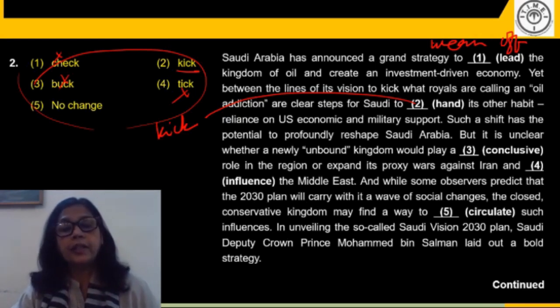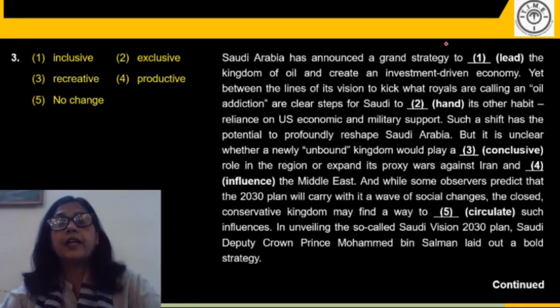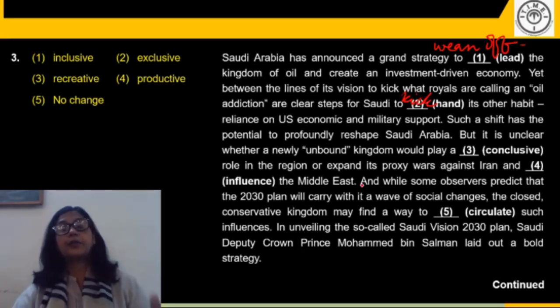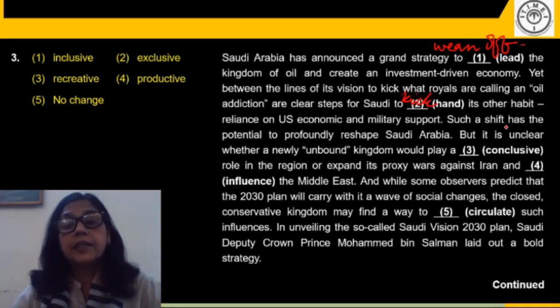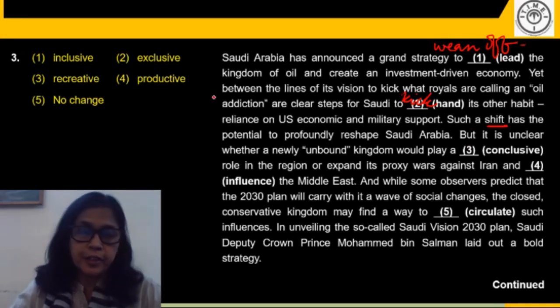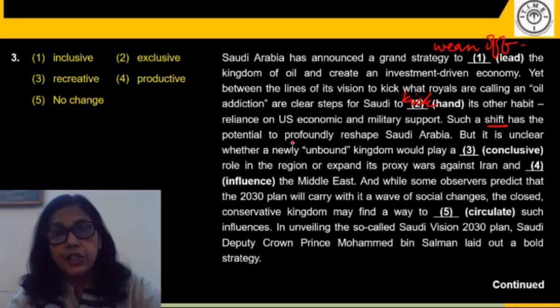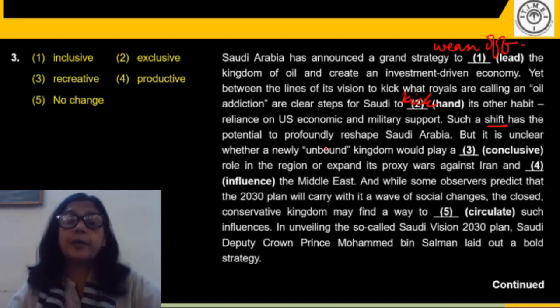Now let's go to the third blank over here. So we have wean off, and we have to kick its other habit. Now let's proceed. Such a shift. Initially only we realize that there's a shift, right? Such a shift has the potential to profoundly reshape Saudi Arabia.